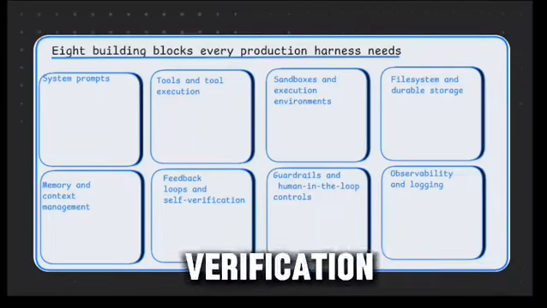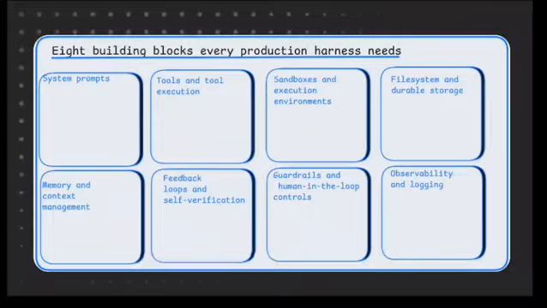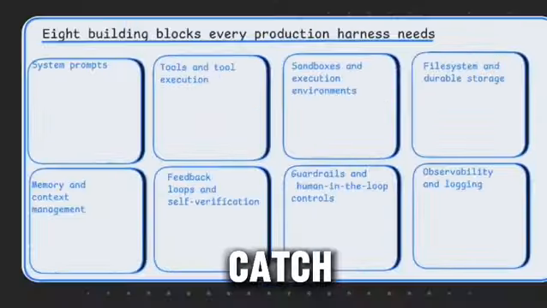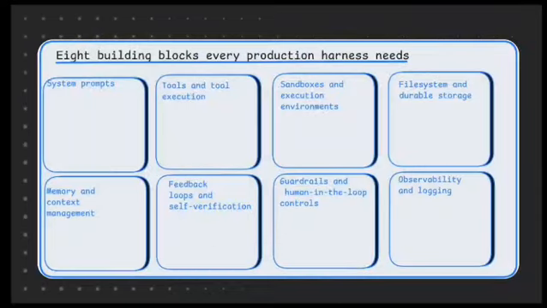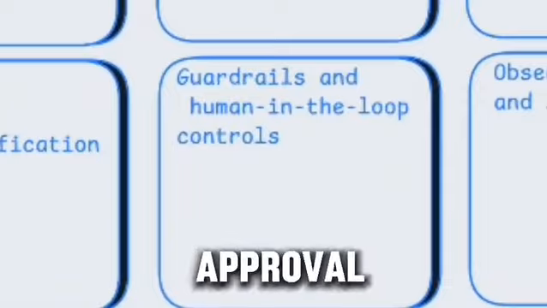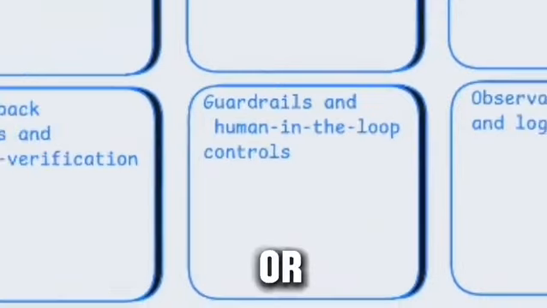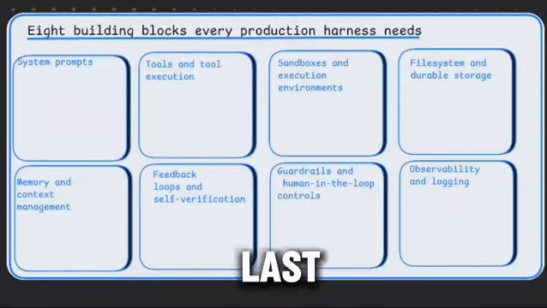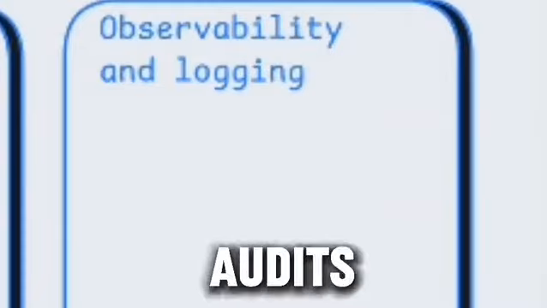Then there is the self-verification loop, automated tests that run after execution to catch syntax and logic errors. The guardrail is a permission check that requires human approval before file deletion or database writes. And the last is observability, step-by-step trace logging for debugging and compliance audits.